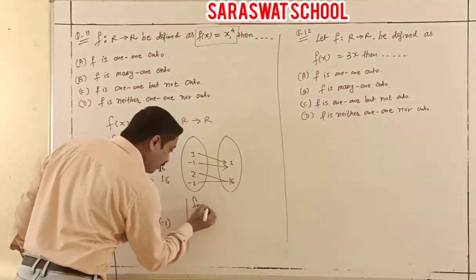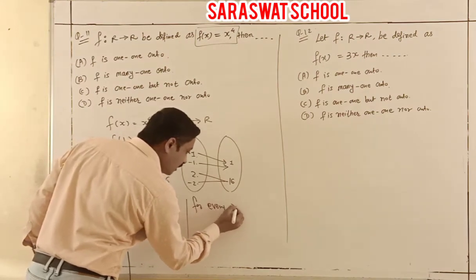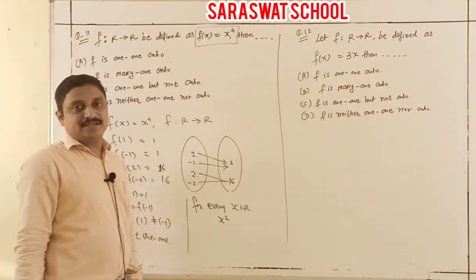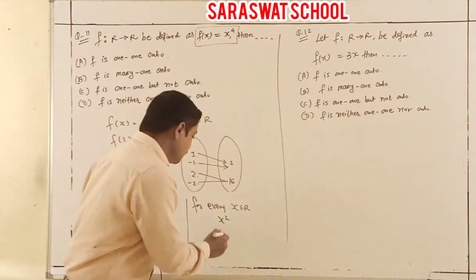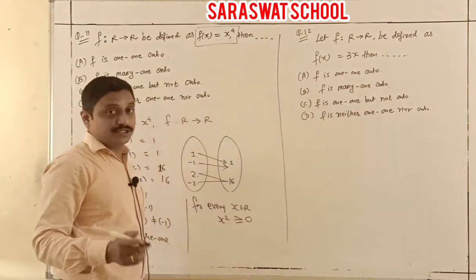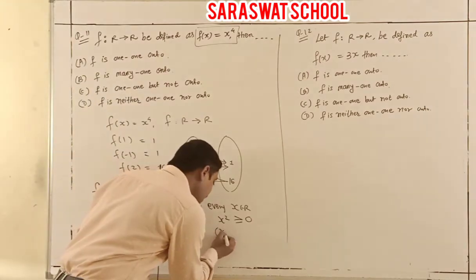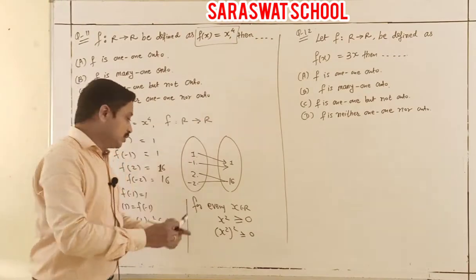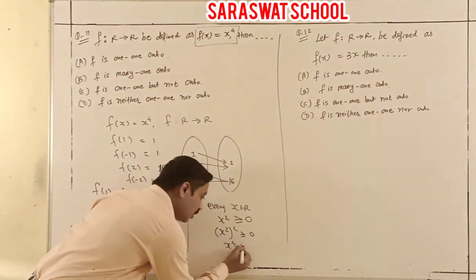Now for every x belongs to real, what is the square? Yes, square is always non-negative but 0 possible. Again taking square because I want x raised to 4. So what do you get, x raised to 4 is greater than or equal to 0.